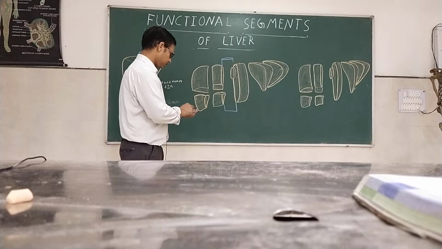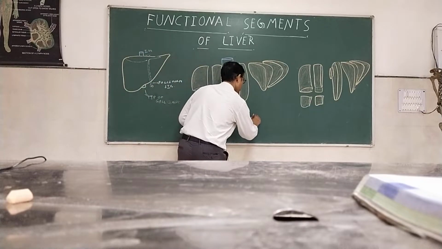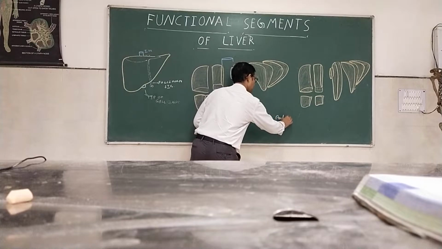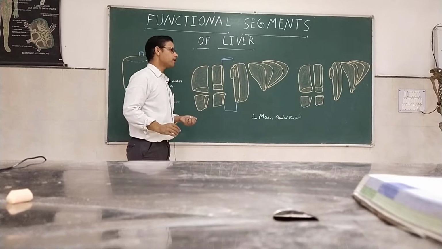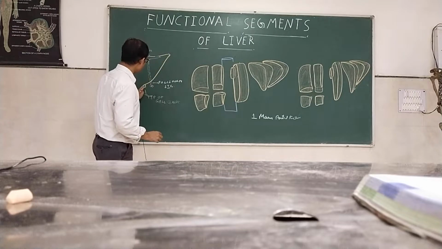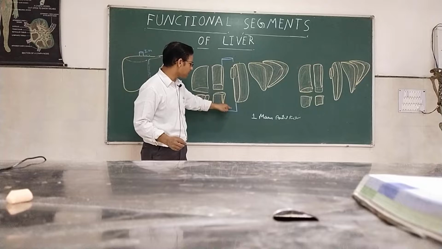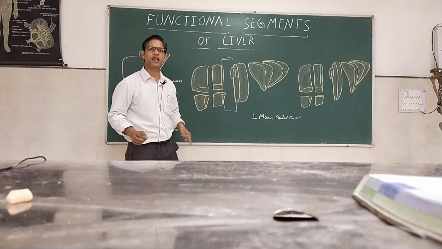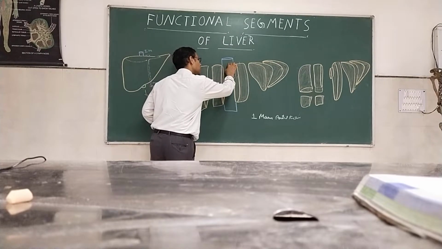First of all, if I can draw this one, there is a main portal fissure, and this main portal fissure is an imaginary plane which goes from the tip of the gallbladder up to the middle of the inferior vena cava. We can suppose here is the tip of the gallbladder, and this is the midpoint of the inferior vena cava, and that is denoting the middle hepatic vein.